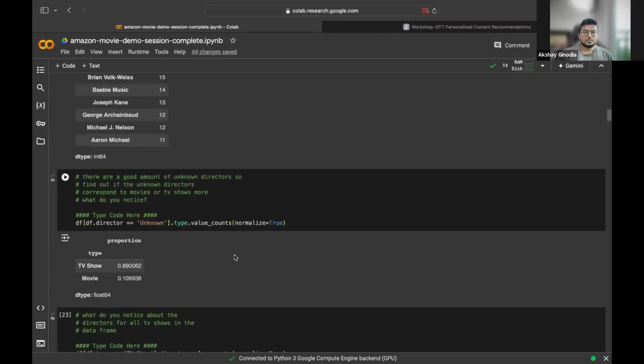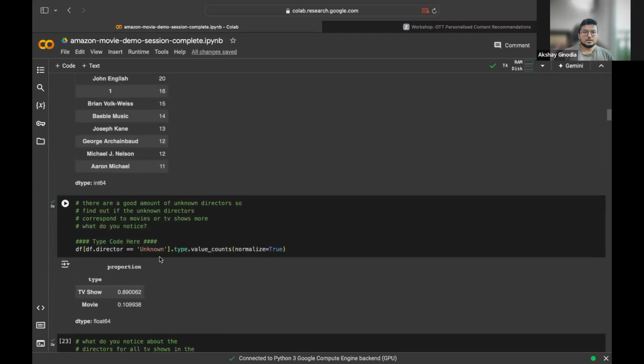Now, if I want to know the distribution of unknown across TV and movie show, I'm filtering for director equals unknown. So when the director is unknown, give me the data frame. This is the filtering criteria. And there I'm doing a distribution of the type.